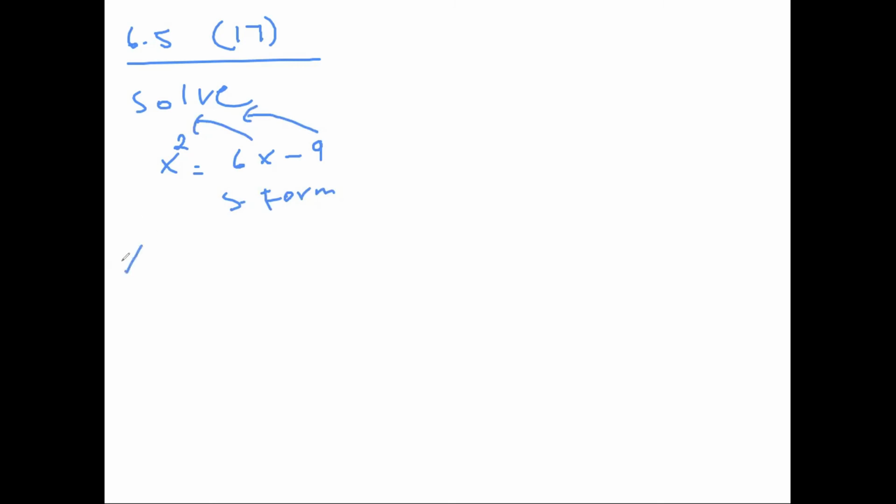So x to the second stays here. What happens to 6x if you move it to the other side? It becomes negative. That's right. Whenever you move something over the equal sign, the sign changes. So positive 6x becomes negative 6x. Negative 9 becomes positive 9.